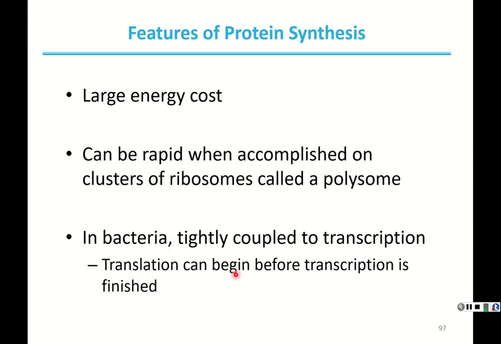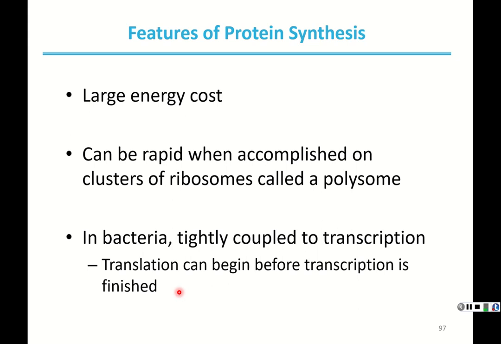In bacteria, this is tightly coupled to transcription. So translation can begin before transcription is even finished, and that is shown on the title slide, the first slide of the lecture.